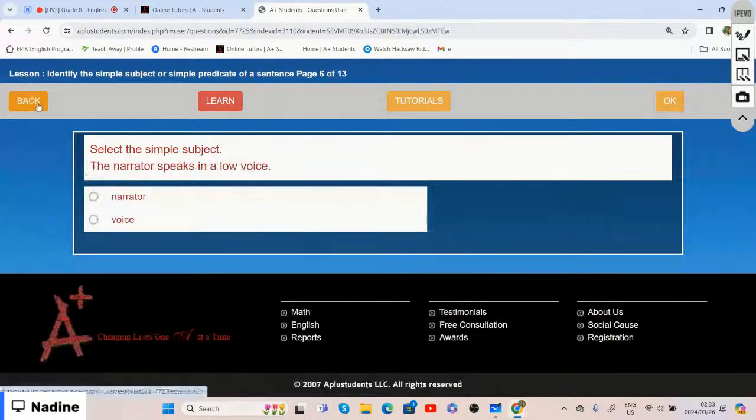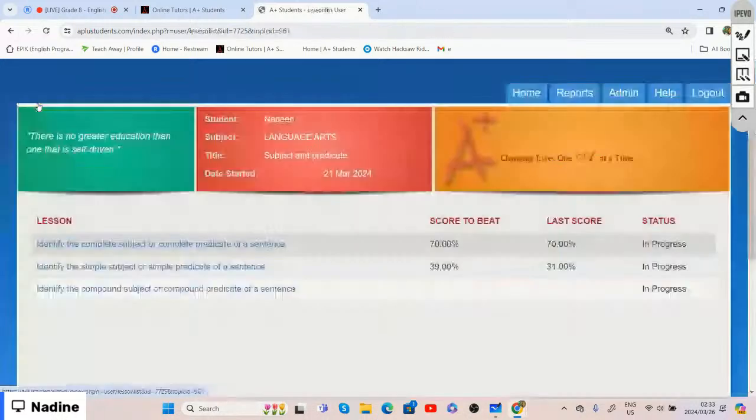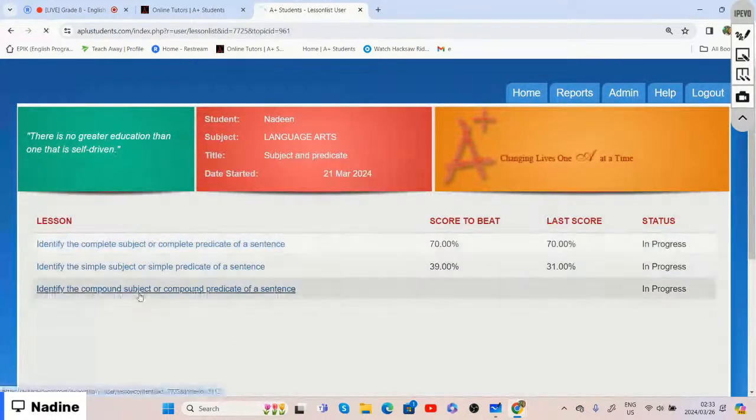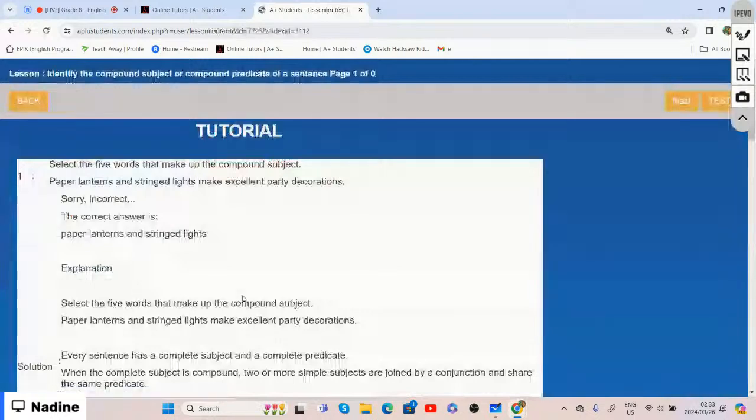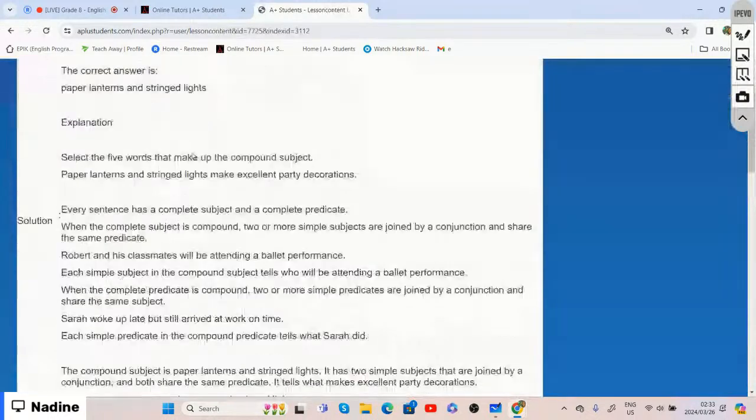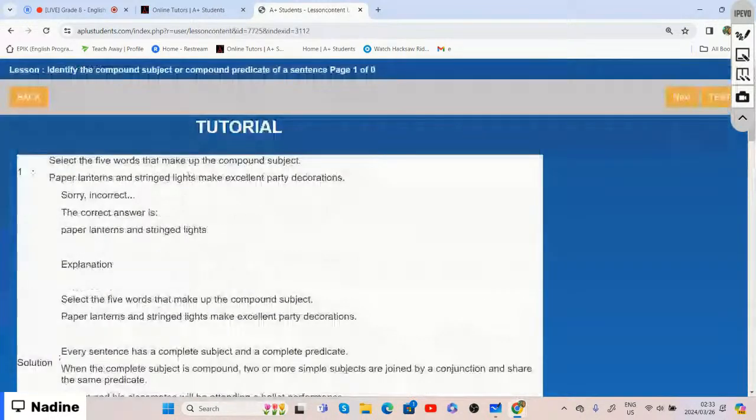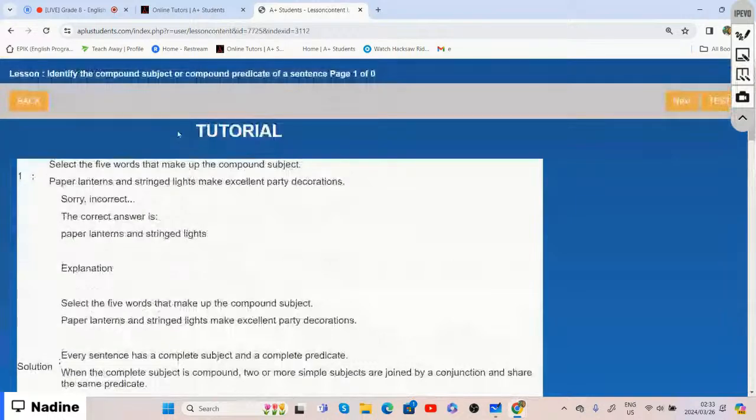All right. So that was us identifying the simple subject and simple predicate within the sentence. Now we're going to identify the compound subject or compound predicate of the sentence.